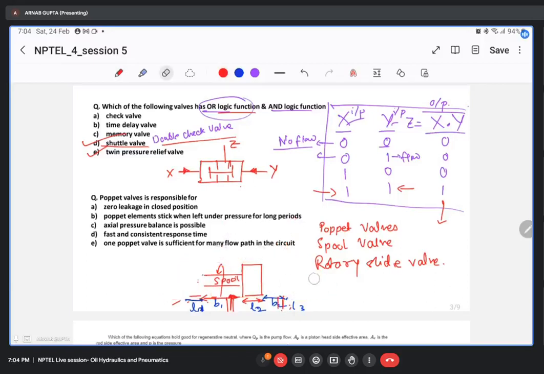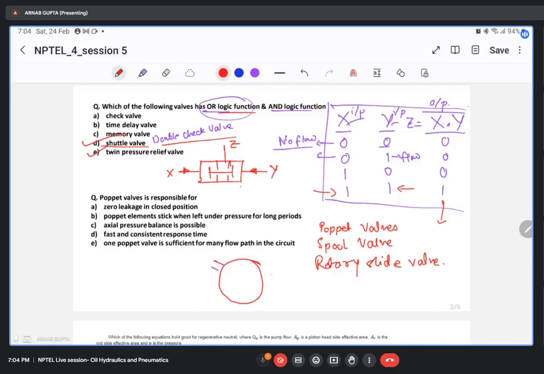Next, you have the rotary slide valve. There also you have ports that are cut out on a circular bar. There will be one rotating body and an outer casing.